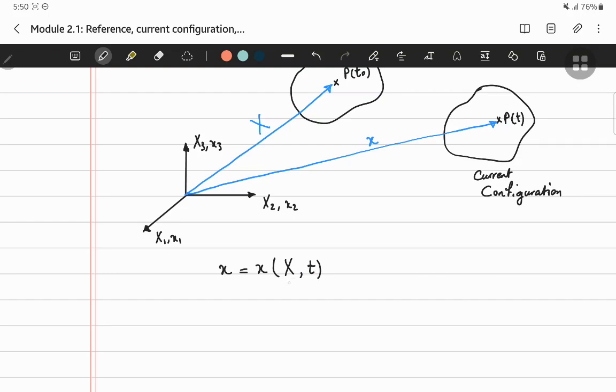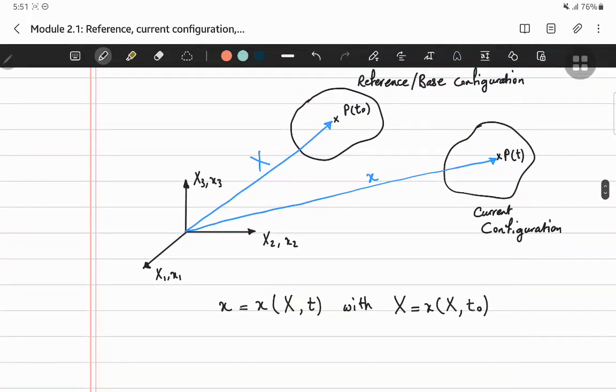So we say that this particle x is a vector, for example, that is a function of capital X, the initial or reference point, and t, time, or as the book states, with basically small x equal to x(X, t0), where we say that this is basically the same as capital X, because here at t equal to 0, or at the reference configuration, small x actually coincides with capital X. So that's why we use capital X in here.